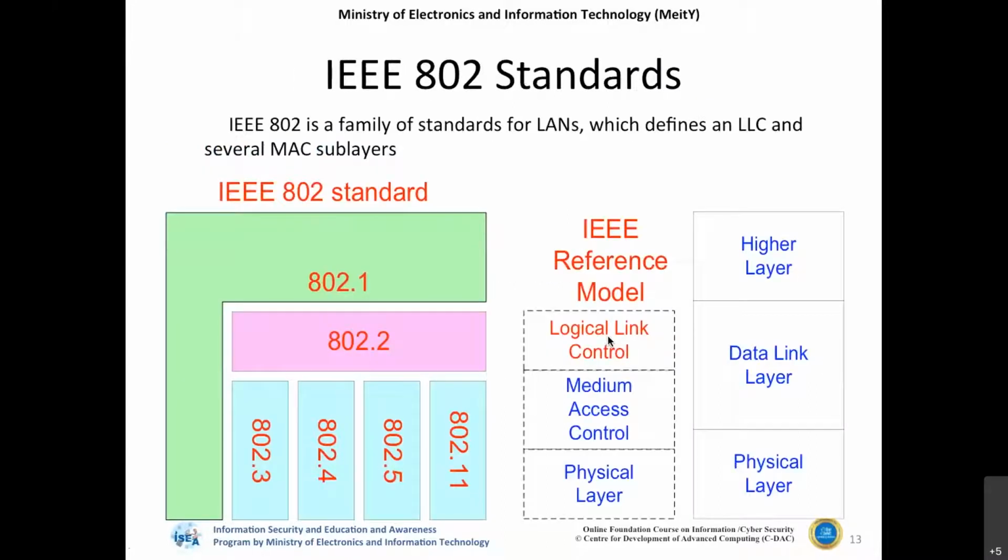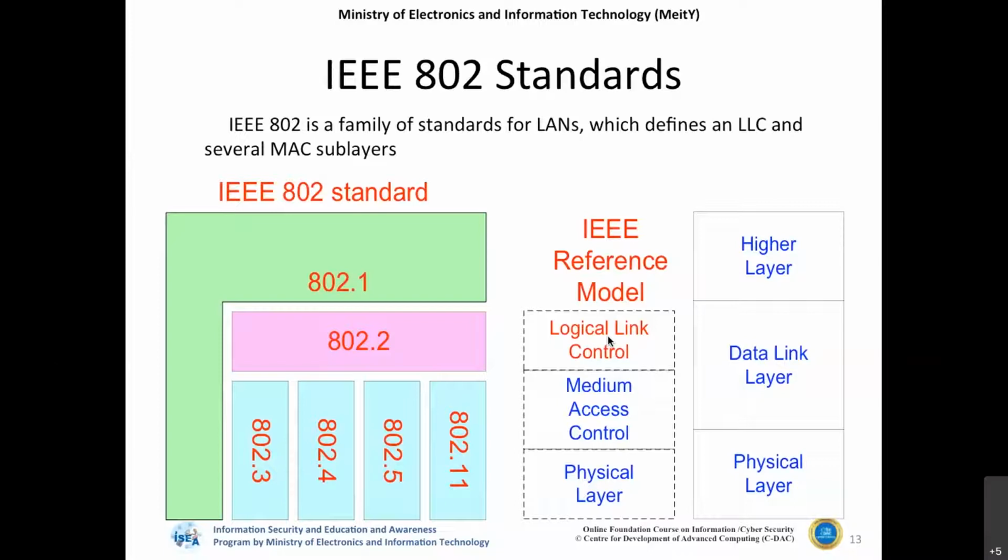There are also standards. This is the 802 family of LAN standards, which defines LLC and several MAC sublayers. A LAN connects two or more computers in a local area network, and they developed the 802 standards, for example the 802.11 wireless standard, and these are the reference model.